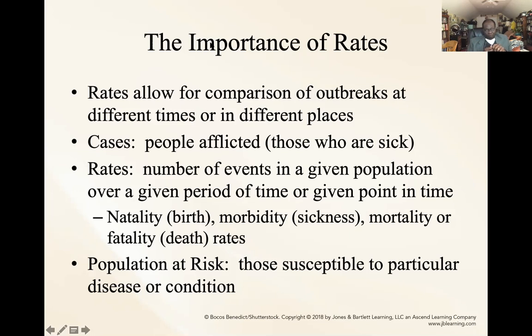So you're talking about the natality rate, morbidity rate for sicknesses, mortality rate, fatality rates. These are the number of kids who die, say, within 1 year, divided by 1 year.